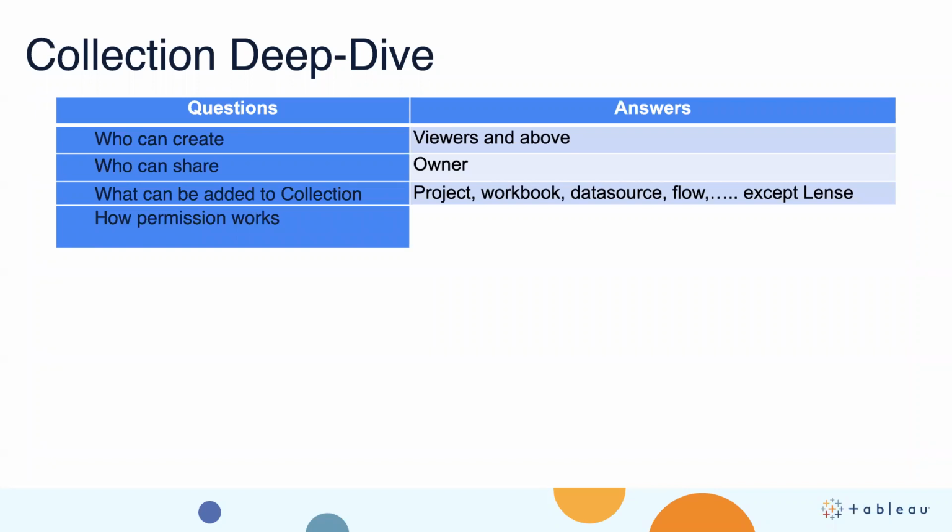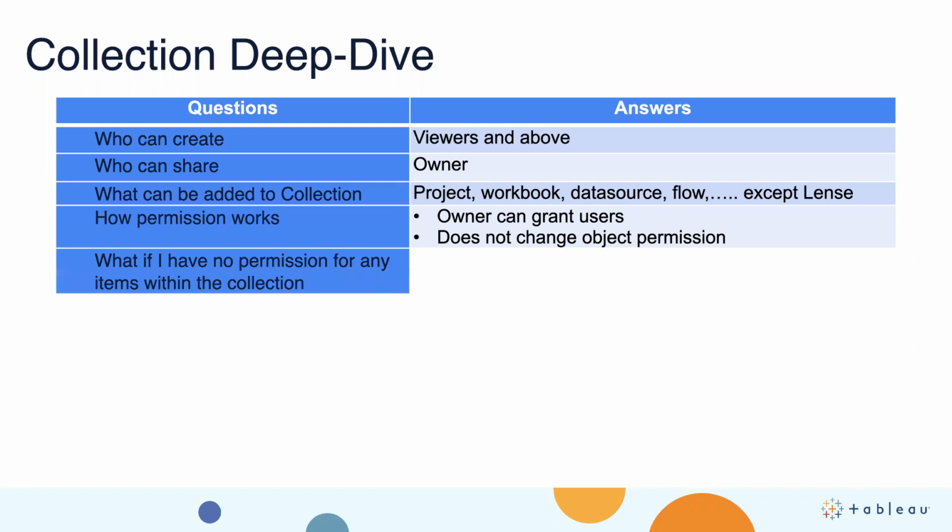How does permission work? Again, I've repeated this 5 times already. Owners can grant other users or groups. It does not change the object permissions. Object means data source, workbooks, and so on. What if I have no permission for any content, any items within the collection?